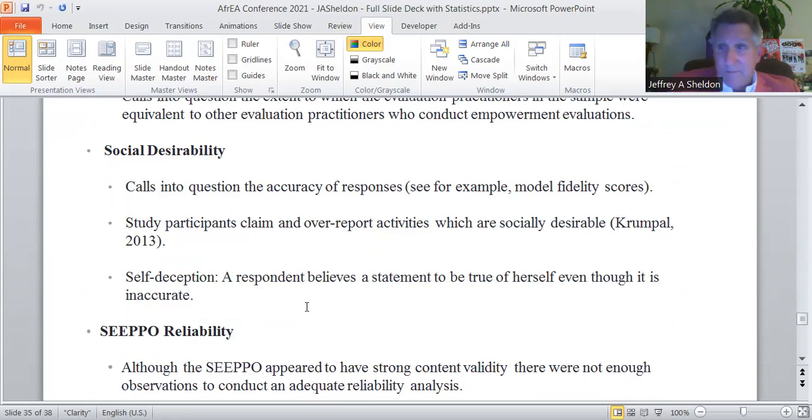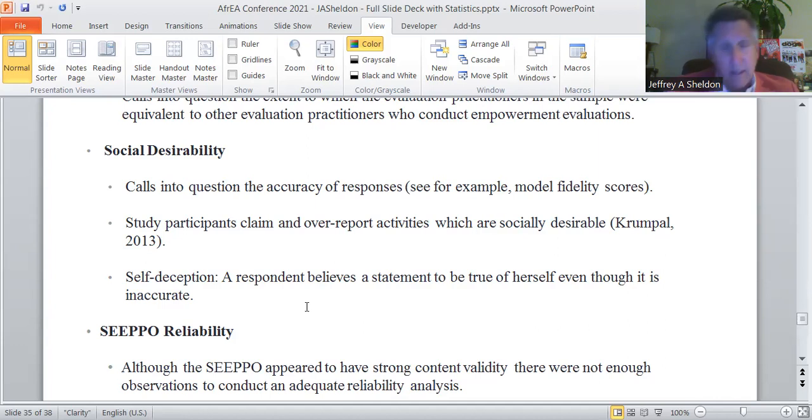So again, everyone's scoring high. Is it a social desirability effect? Don't know. Study participants claim and over-report activities which are socially desirable. Self-deception: a respondent believes a statement to be true of herself, even though it is inaccurate.